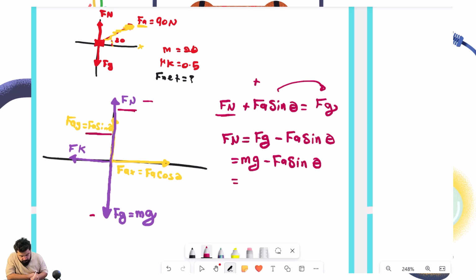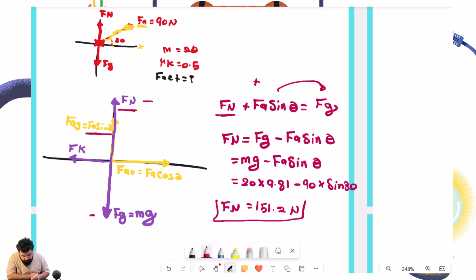Mass is equal to 20 times 9.81, minus Fa, which is 90 multiplied by sine of 30. So Fn is equal to what? Let me check. Fn is equal to 151.2 Newton. That is my Fn. Be careful.